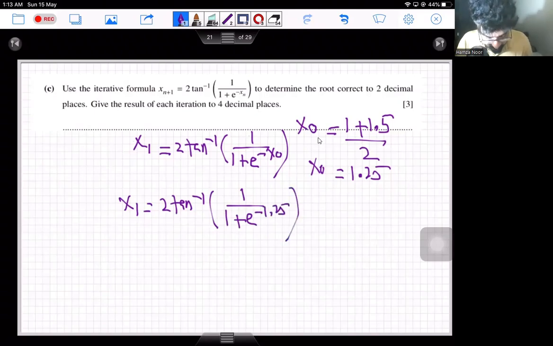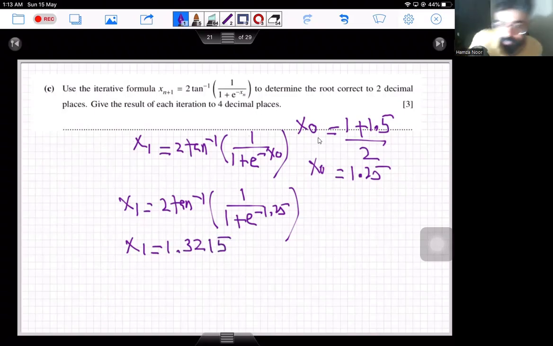The value of x1 is 1.32149. Correct to 4 decimal places, each iteration must be given. So the value of x1 is supposed to be 1.3215.